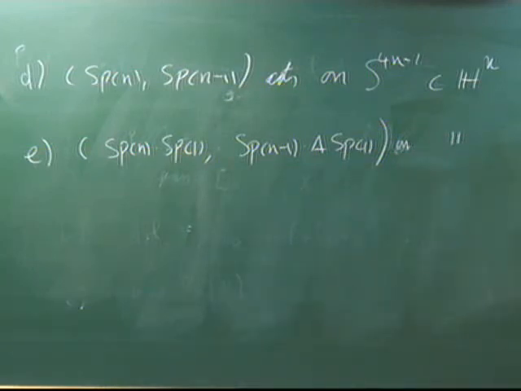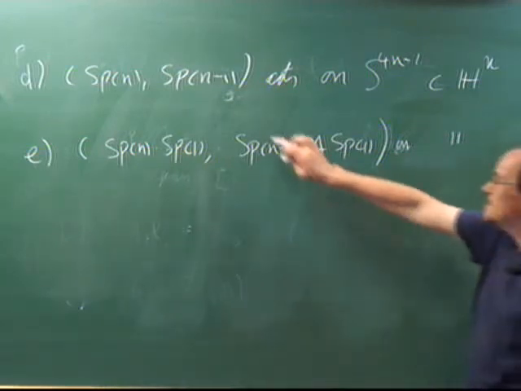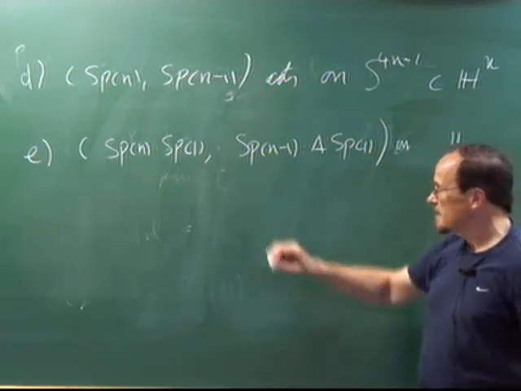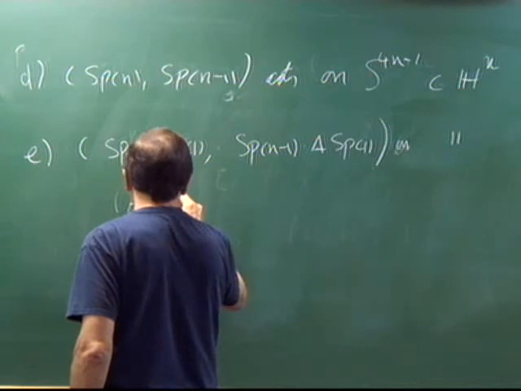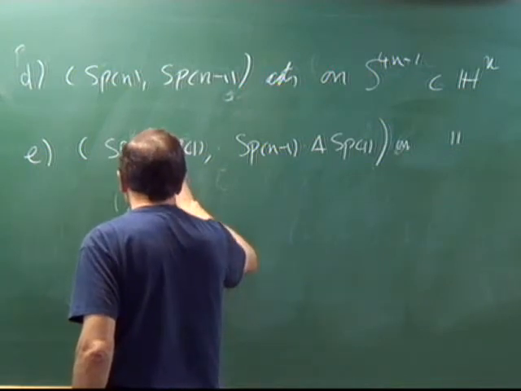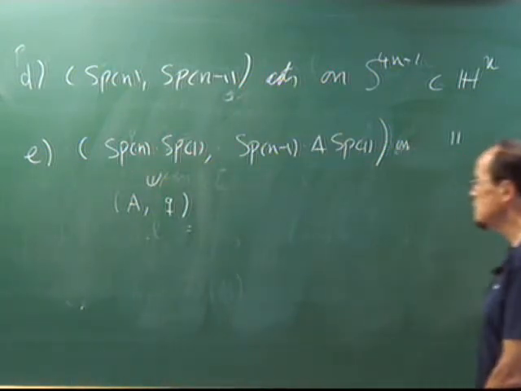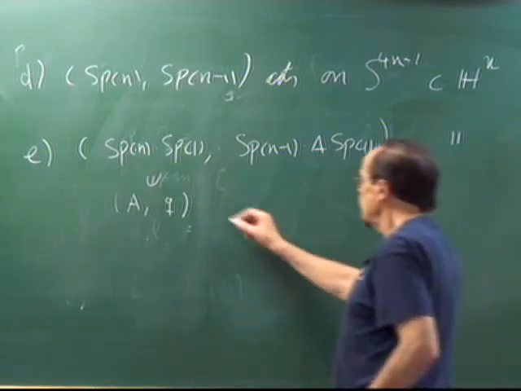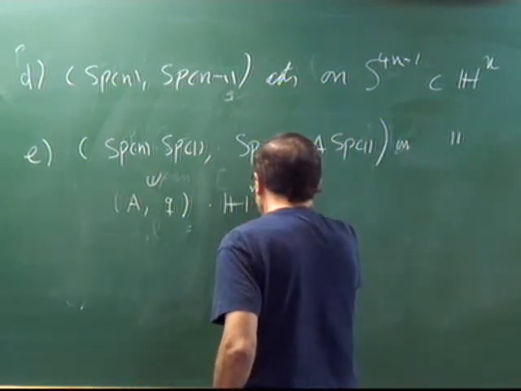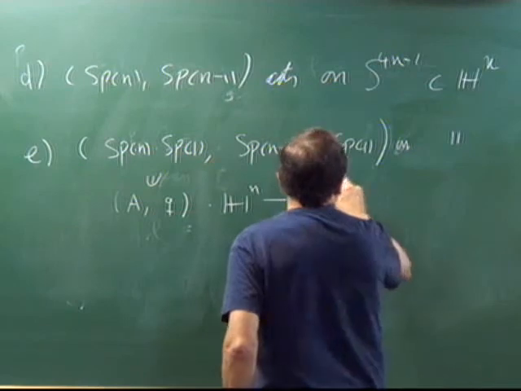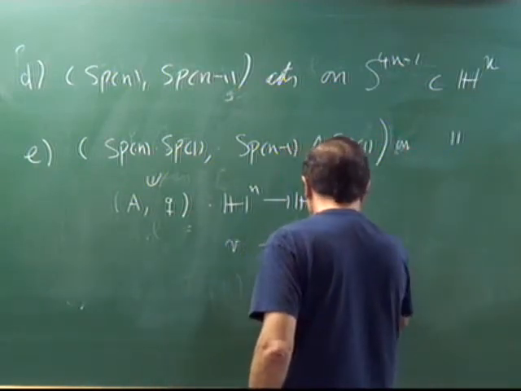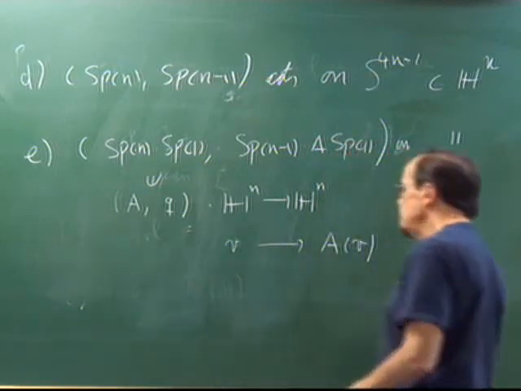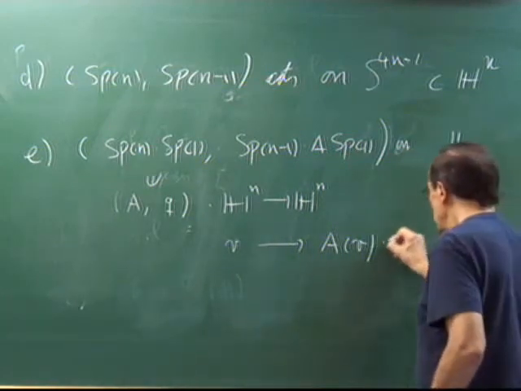So here, I'm extending this action in a certain way. So how does this act? Let me describe it. So I take an element (A, q). A is a quaternion matrix. q is a quaternion. I want to let it act from H^n to H^n. So I take a vector v. I send it to A times v, a matrix multiplication. Then I multiply with q inverse on the right.